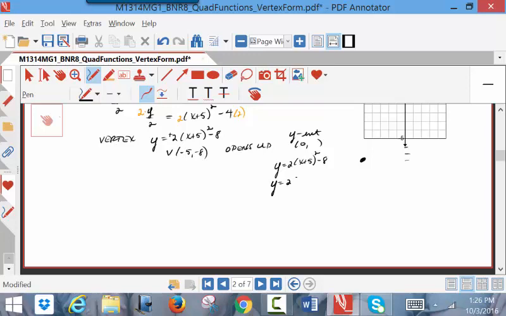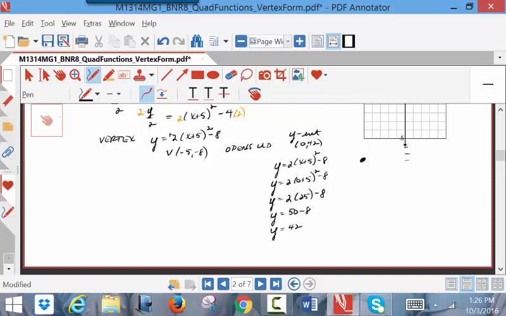If my x value is 0, this is 0 plus 5 squared minus 8. So this is 2 times, lovely, 5 squared, which is 25. This is a huge number. 50 minus 8 is 42. So my y-intercept is (0, 42).